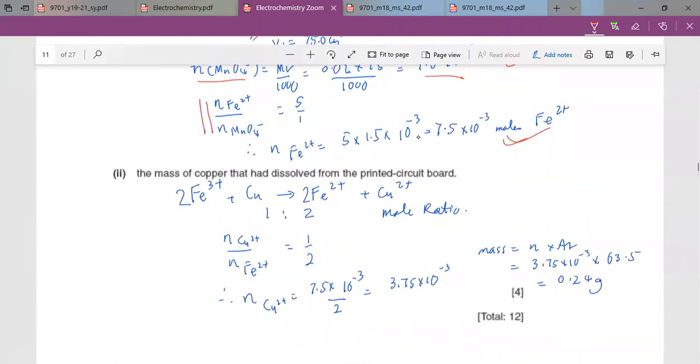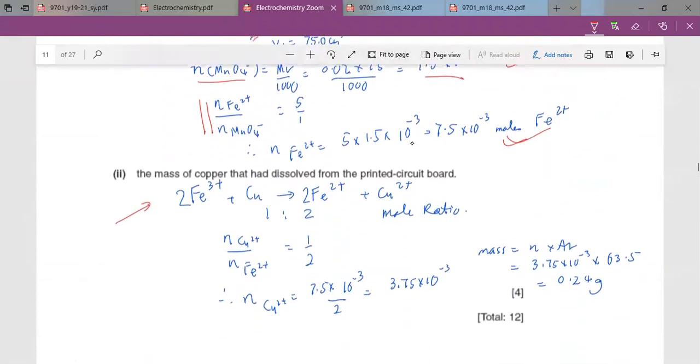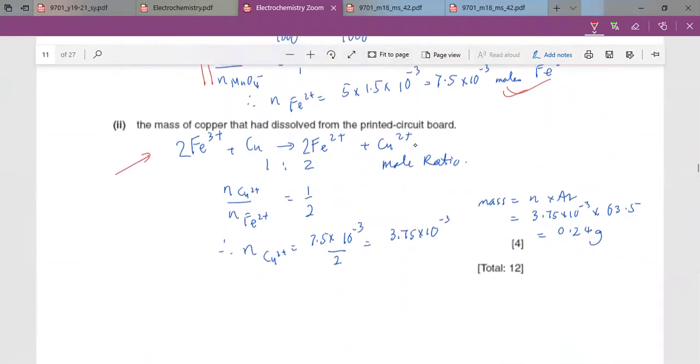Now the mass of copper that's dissolved in the printed circuit. Remember, this is the equation, 2 Fe3+ here, from here. So the whole question is connected. Again, the mole ratio of copper and Fe2+. We have found the number of moles from the titration. So remember 1 mole is 2 moles.